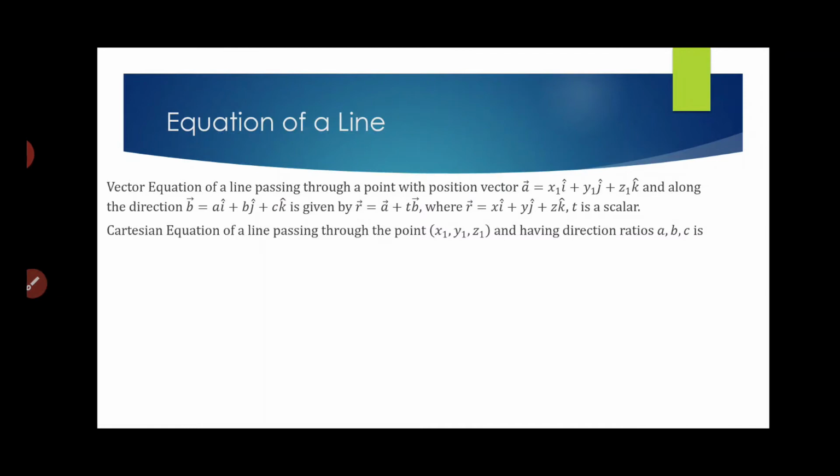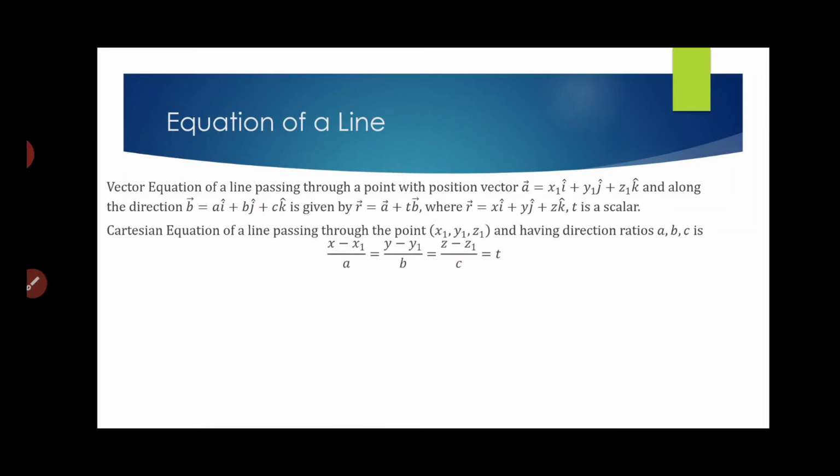Obviously remember that direction ratios basically work like the slope in two dimensions. So whatever we call the slope in two dimensions is basically the same thing as direction ratio in three dimensions. So therefore the equation of the line is going to become x minus x1 by a equals y minus y1 by b equals z minus z1 by c, that is equal to t. T is the same parameter.